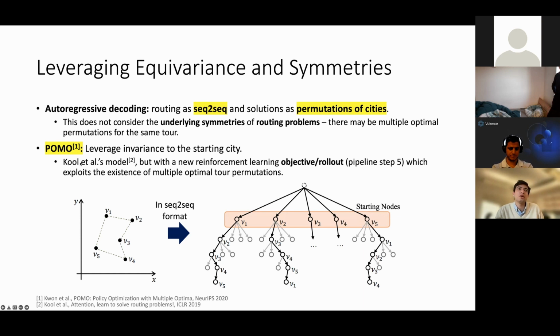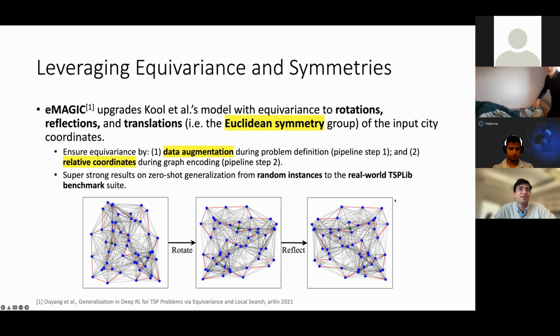They essentially took Kool et al.'s model, but they devised a new RL objective, or way of doing rollouts in policy gradients, such that the model would be aware that all these permutations are for the same tour. But this idea can be pushed further. Equivariances and symmetries are a really powerful idea. So another upgrade on Kool et al.'s model.